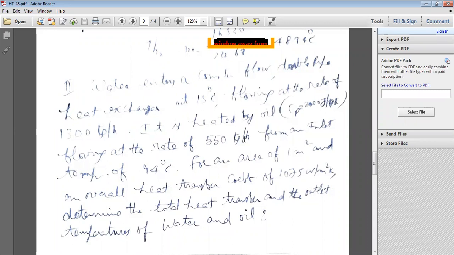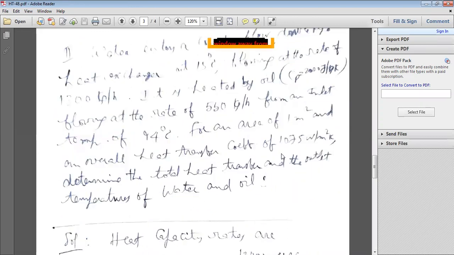You have to convert to kg per second. Hot fluid inlet temperature TH1 is 94 degrees centigrade, for a heat exchanger surface area A of 1 meter square.